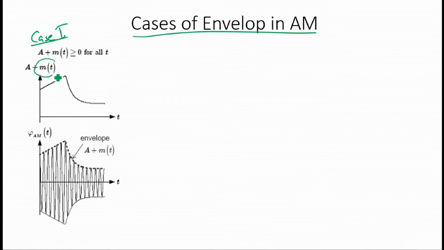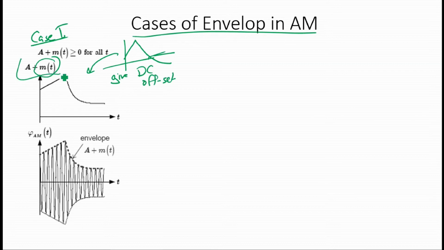Again we have a message signal which is something like this originally. So what we do is we give a DC offset, and this is represented over here. So whatever this value was, now it is shifted upward. This is now A plus M of t.